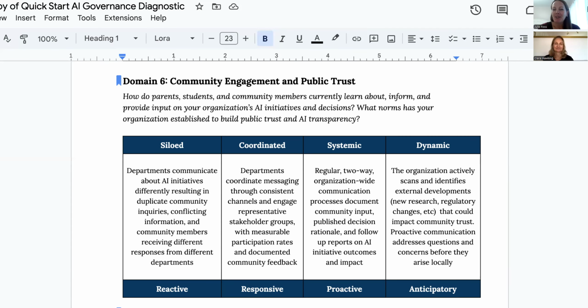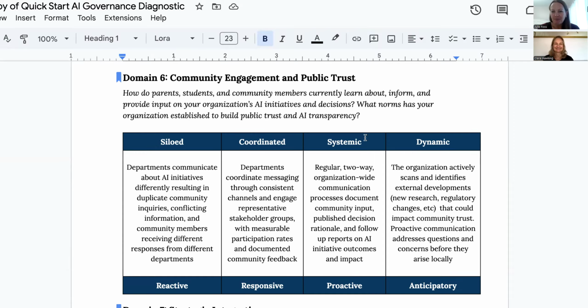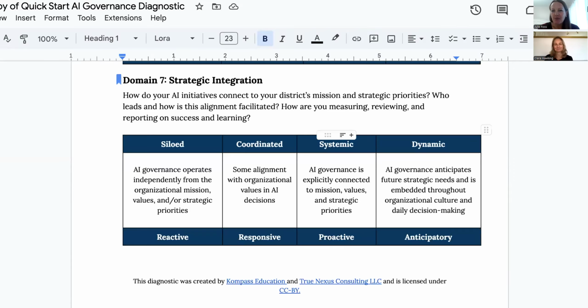And then our final domain, domain 7, is really about thinking strategically about integration. So, how do your governance efforts align to the strategic goals of your organization?